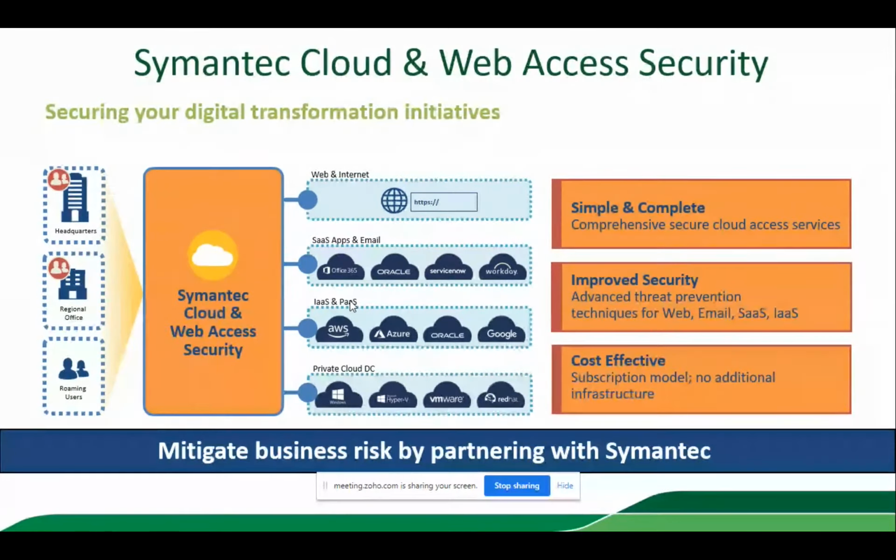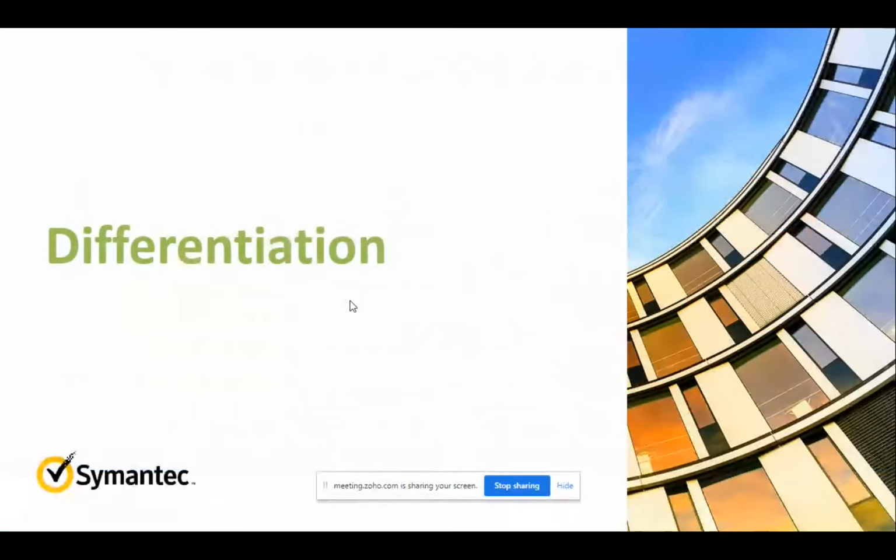Then it also gives you protection if you're using IaaS or PaaS, using our Symantec CASB solution. Then it is also able to give you connection through our Symantec Secure Access Cloud solution for your private cloud and for your data centers, which is simple and complete. It improves the security and is cost effective.